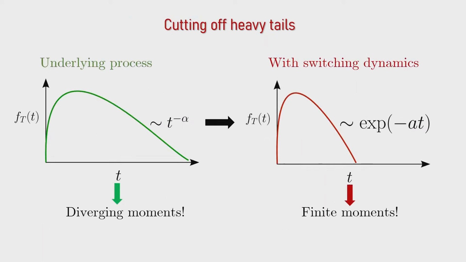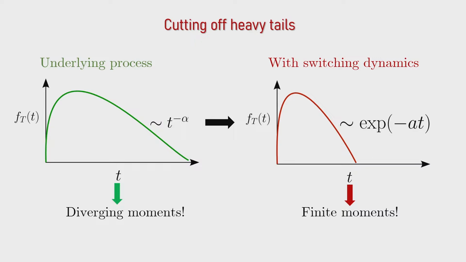And what we found is when we impose such kind of return dynamics on the searcher's motion, then you see that the distribution is rendered from power law to an exponential tail. In the underlying search process, we saw there are several trajectories which are going opposite to the target, which was giving rise to this heavy tail in the distribution.